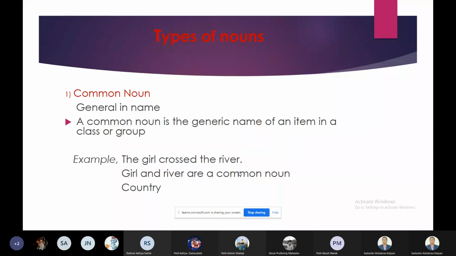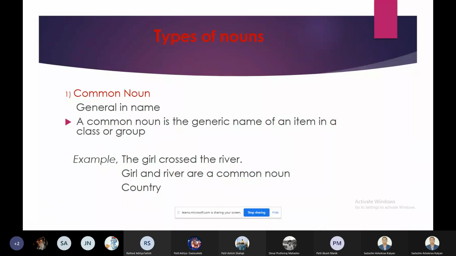So there are also the various types of nouns. And among all these types of nouns, we found that the first type is the common noun. The common noun is considered a name in general.